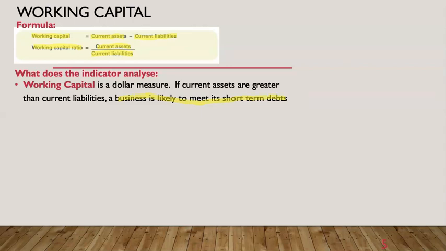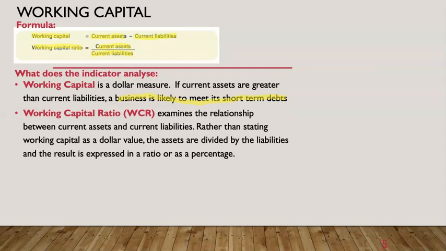Our current assets, things that we're going to turn into cash within 12 months, are higher than our liabilities, our obligations. Now, this is just a dollar measure. What is a more effective indicator is working capital ratio. This allows us to compare businesses and examine the relationship.